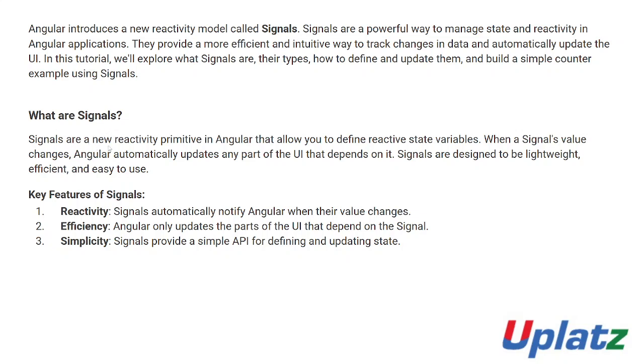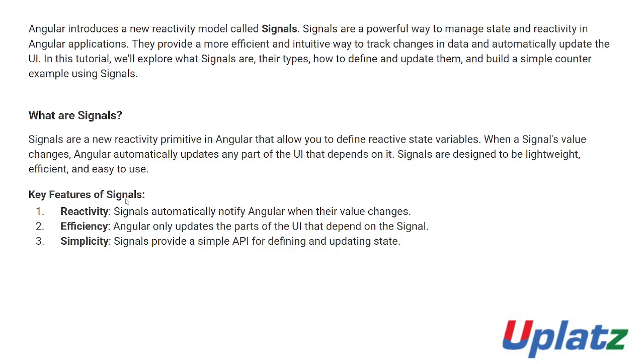Signals are a new reactivity primitive in Angular that allow you to define reactive state variables. When a signal's value changes, Angular automatically updates any part of the UI that depends on it. Signals are designed to be lightweight, efficient, and easy to use.